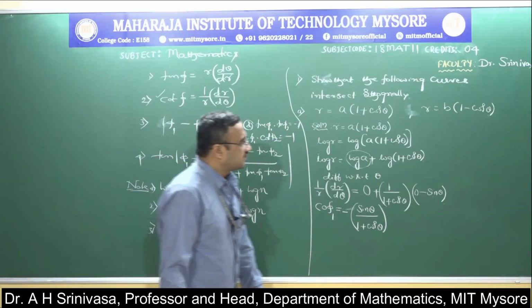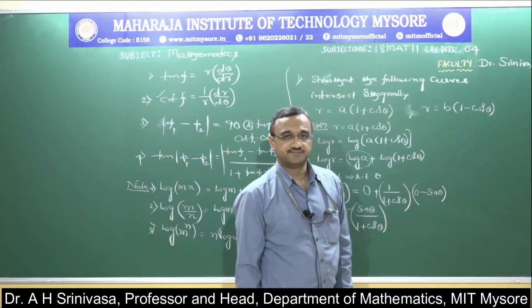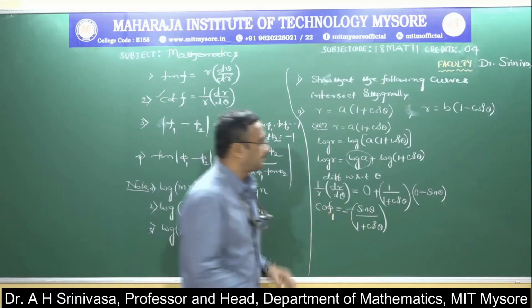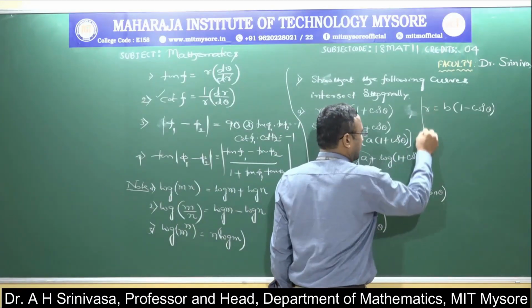The same procedure we also adopt for the other curve, to extract the other value, cot phi 2. Now I am going to evaluate the other function.